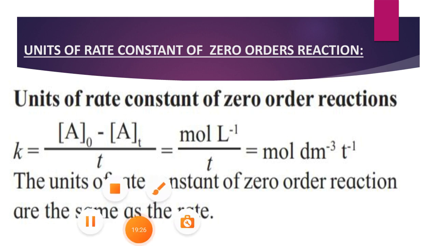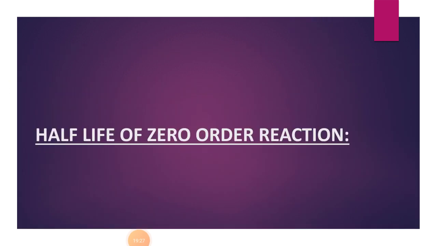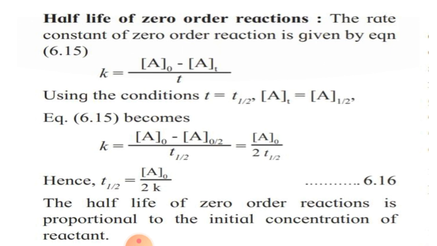Now we are moving forward towards the half-life of zero order reaction. The rate constant of zero order is given by the equation K is equal to A naught minus At upon t, where K is the rate constant.